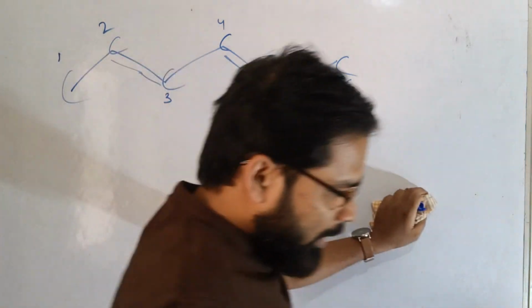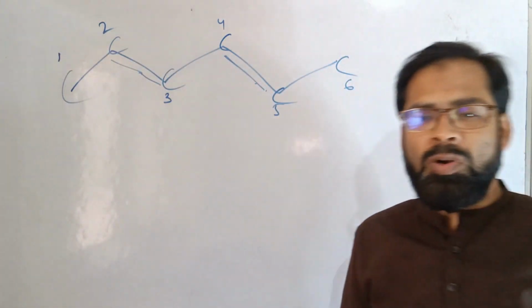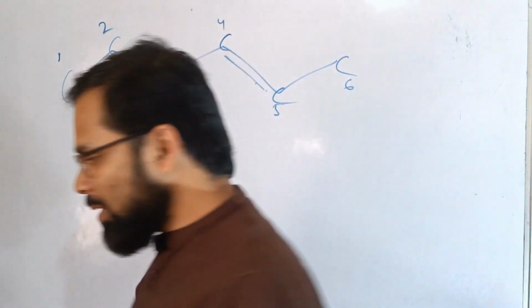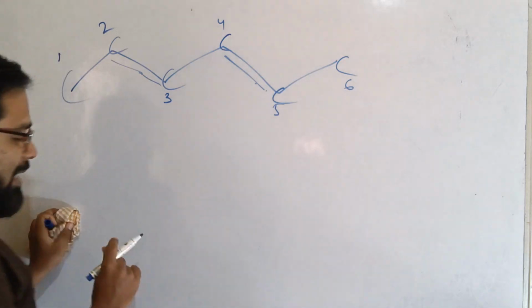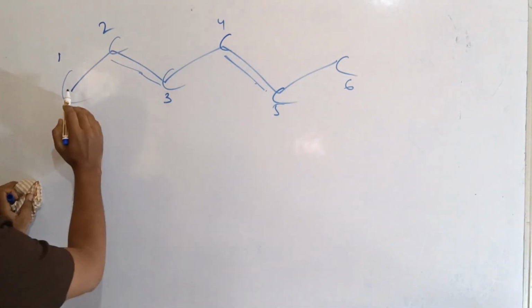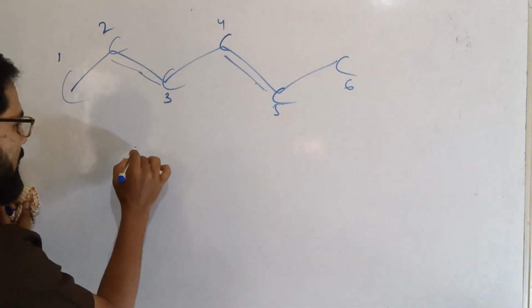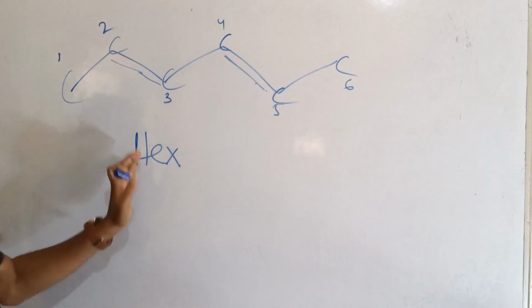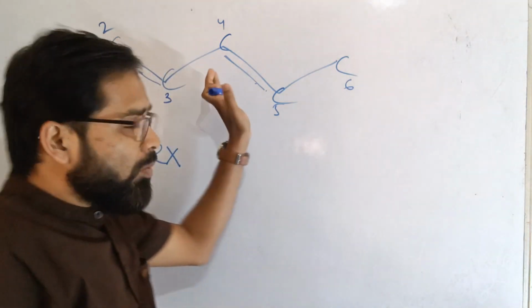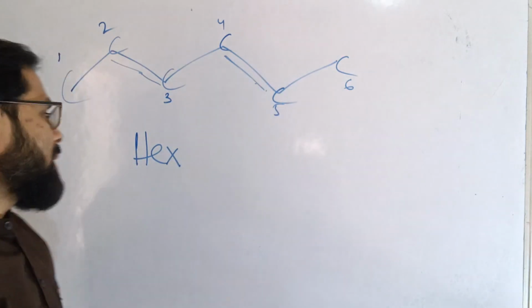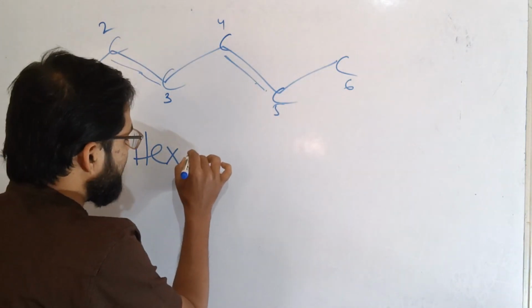Now, when the double bonds are more than one, at that time we have to add an a to the root word. What is the root word here? 6, so hex. Because there is more than one double bond, we have to add a here.